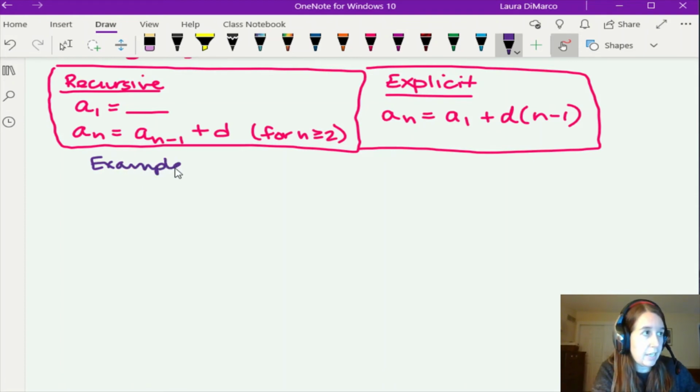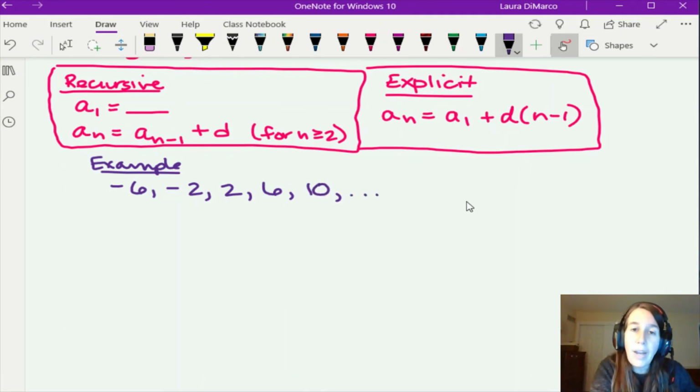Here is an example of a sequence: -6, -2, 2, 6, 10, etc. Okay, we're going to write explicit and recursive rules for this sequence, and we're going to make sure that this is arithmetic. Okay, and also we'll find the common difference if it is. All right, so it looks like from -6 to -2, if I added 4, I would get from -6 to -2.